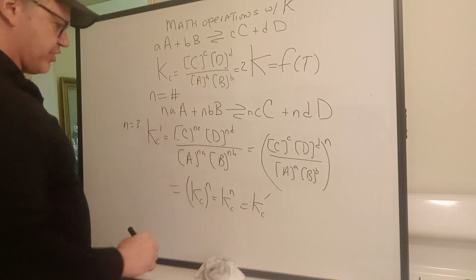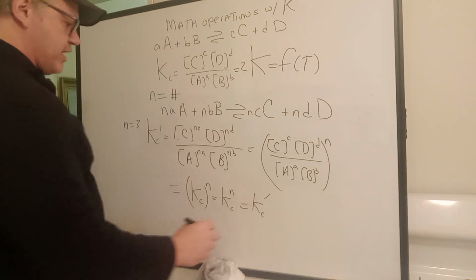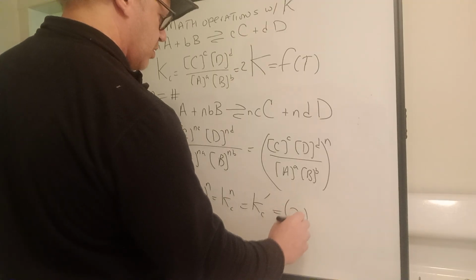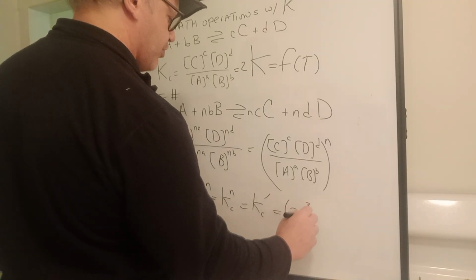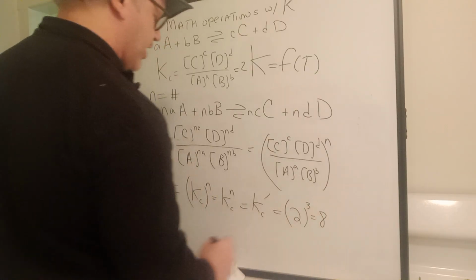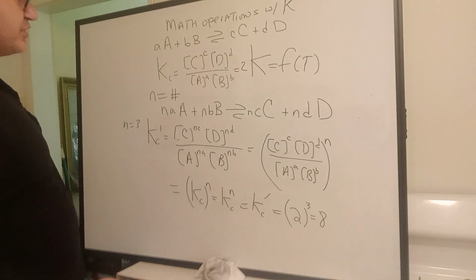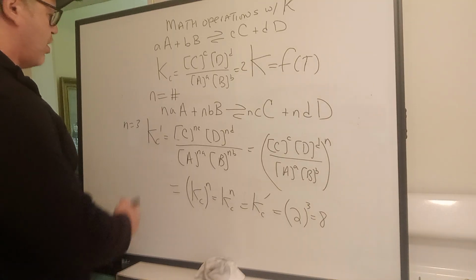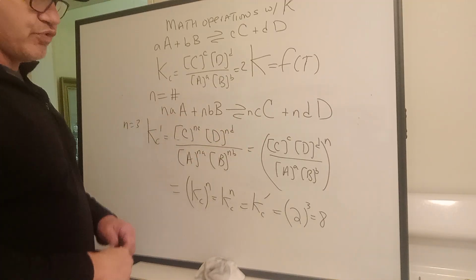This would be 2 raised to the 3 power, or 2 times 2 times 2 is 8, right? So that's all it is. It's as simple as that. You just take your original rate constant and raise it to the power of whatever you multiplied through by.